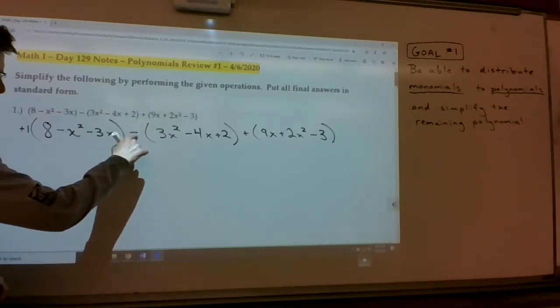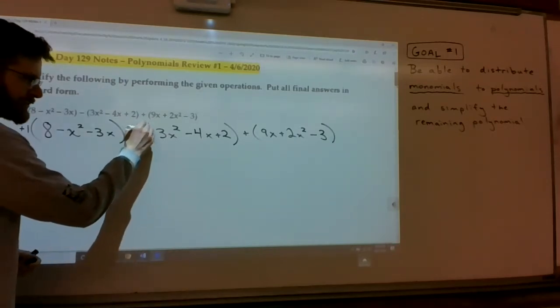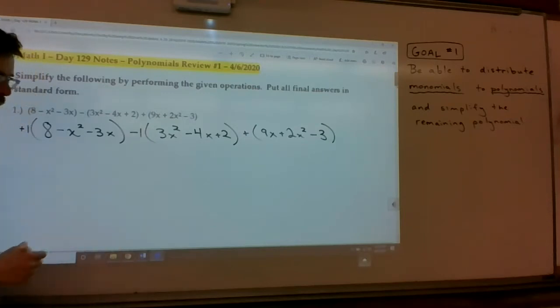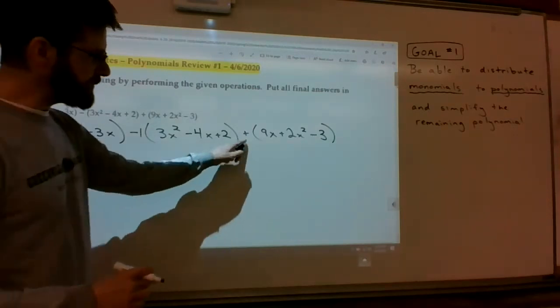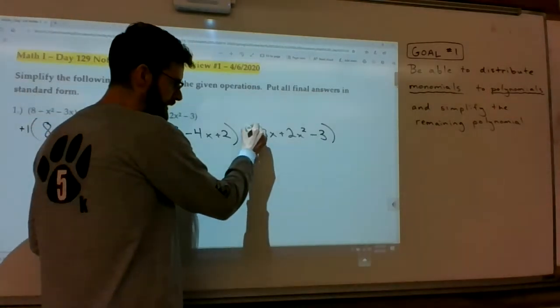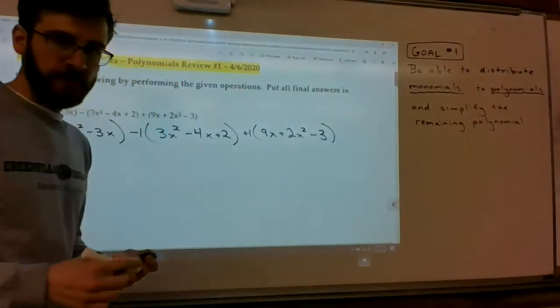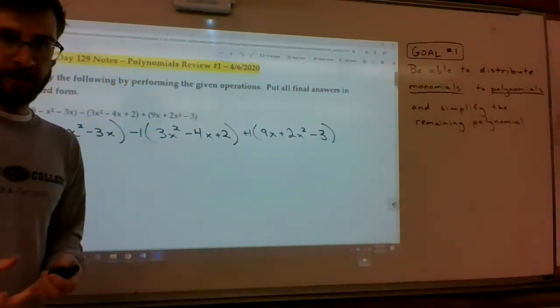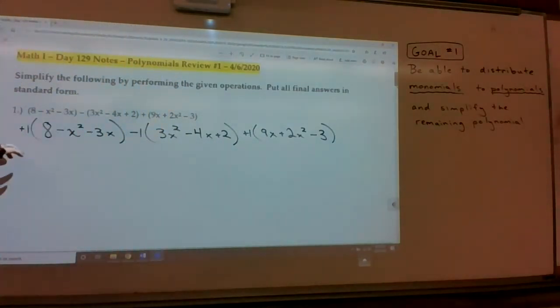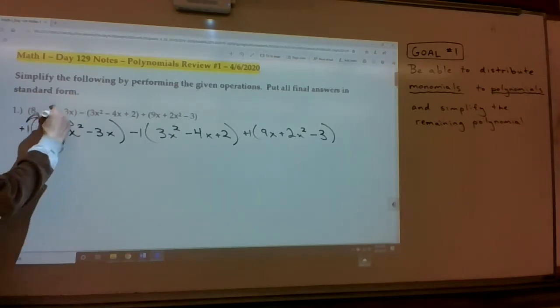If we're subtracting, it's almost like there's a negative 1 nested outside the set of parentheses. Same thing here. If it's positive, it's like a plus 1. Now, the distributive property means anything that is outside the parentheses is going to be multiplied by all the parts on the inside.